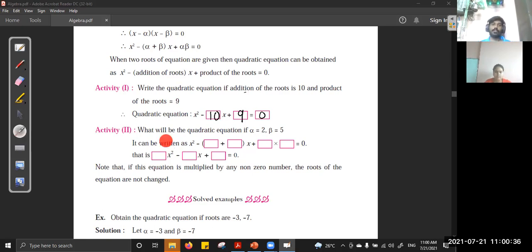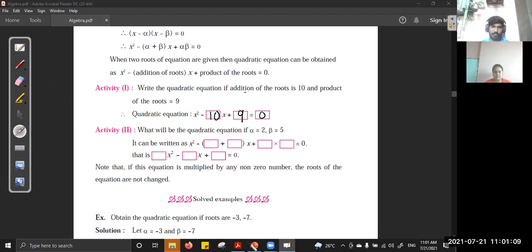Next activity: alpha and beta are given. Alpha is 2, beta is 5. So this can be written as x square, and what will come in this box here? Not minus b upon a. See this, alpha plus beta. I have not done this second activity.